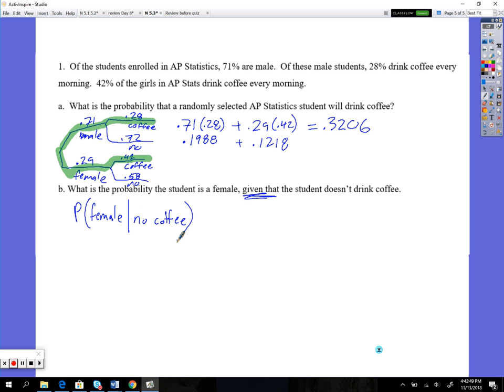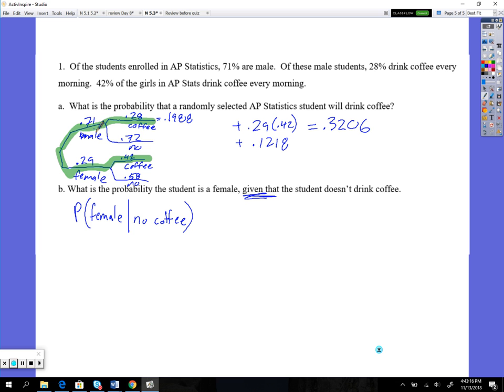So for this one, what we now need to look at is we have to figure out, well, what's the probability that someone doesn't drink coffee? So if we go along our branches, we had mentioned earlier that this number, I'm just going to erase to make some space for myself, that this number here was 0.1988.